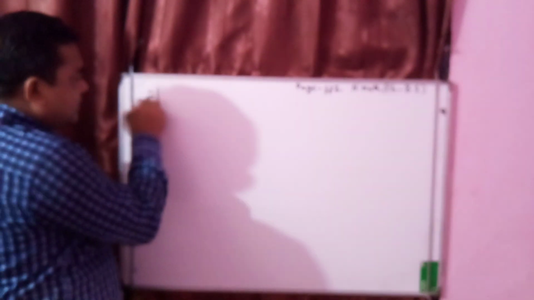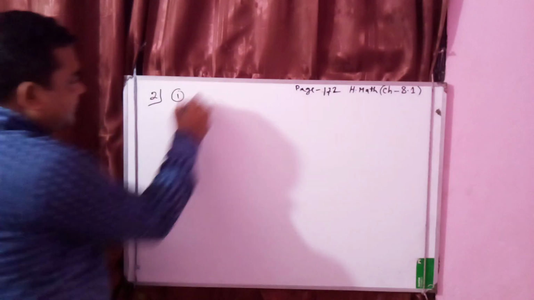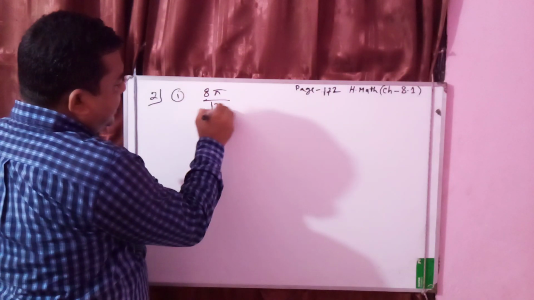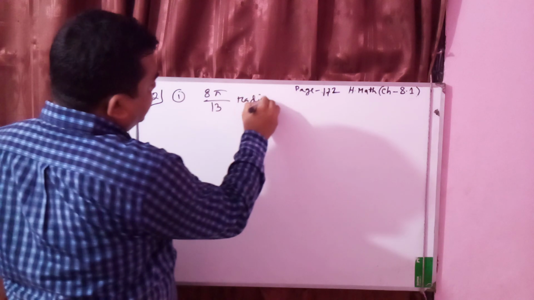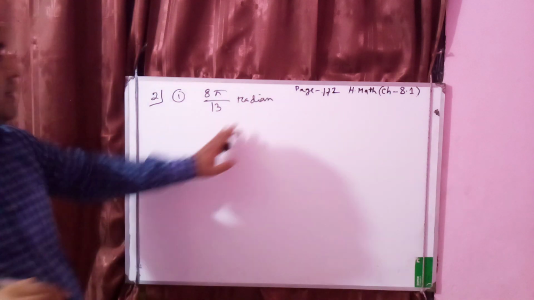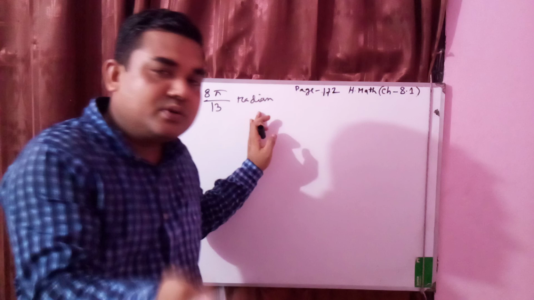Express in degrees 8 pi by 13 radian. So we convert radian to degree.